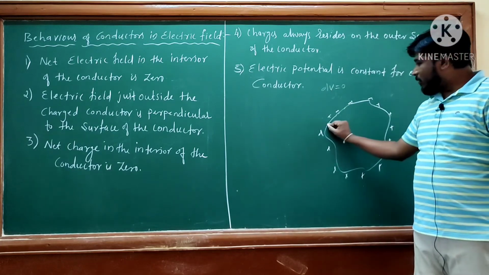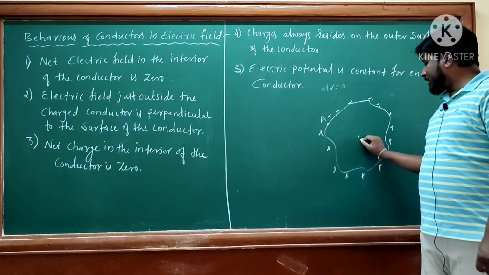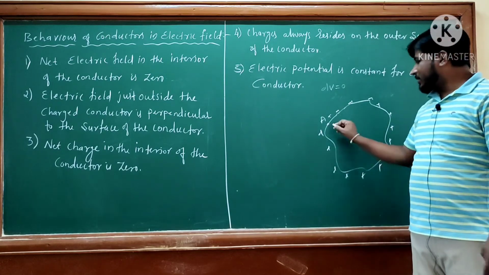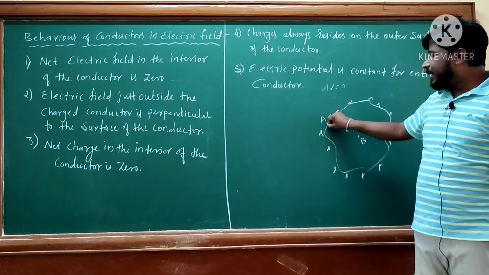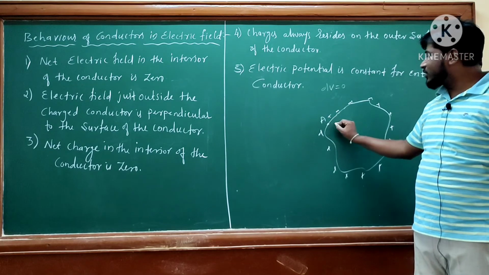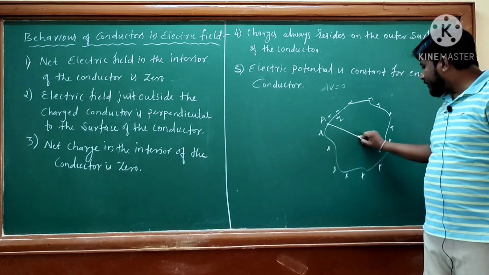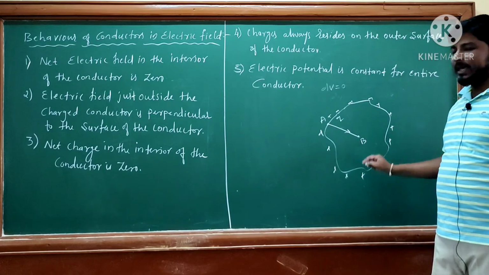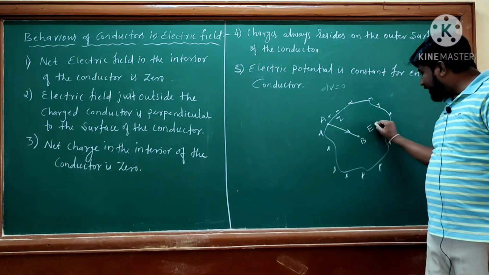Say that there are two points. This is point A, this is point B. If I take a charge Q and bring this charge Q from point A to point B, we know that the electric field inside the conductor is 0.